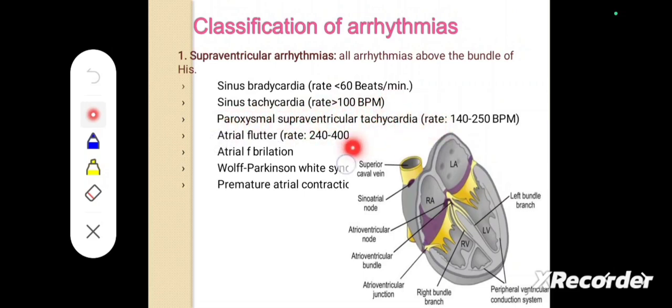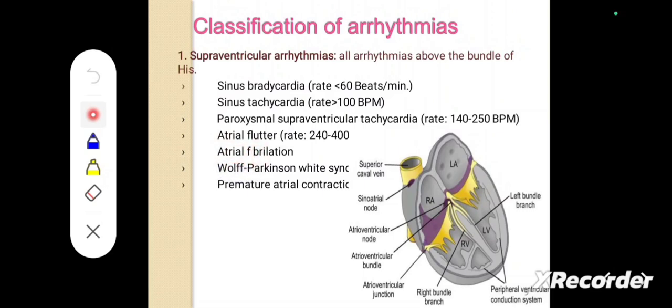Paroxysmal supraventricular tachycardia has a rate between 140 and 250 beats per minute. Then atrial flutter or atrial fibrillation: with increased automaticity the severity progresses from tachycardia to flutter and then fibrillation. So firstly tachycardia, and that leads to flutter or fibrillation.